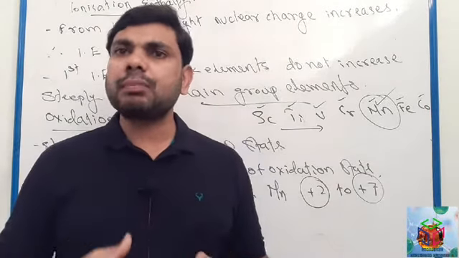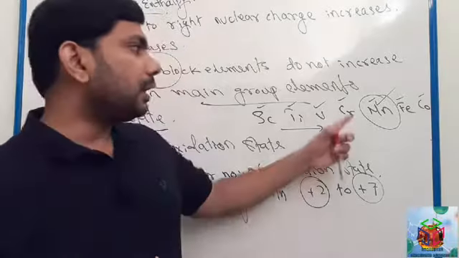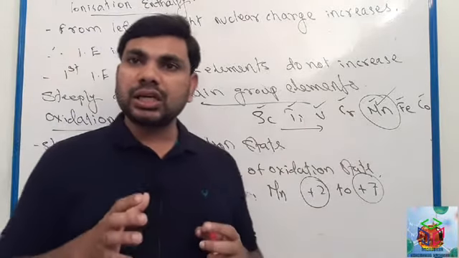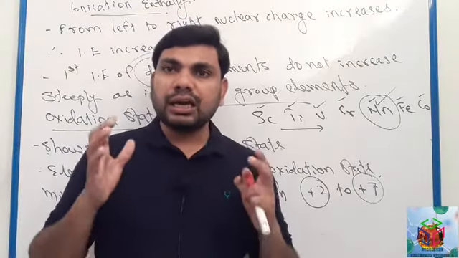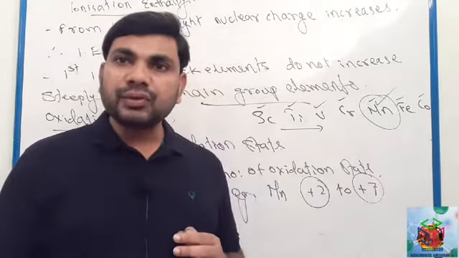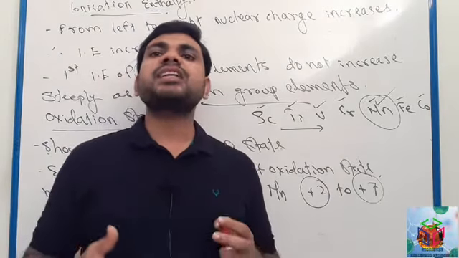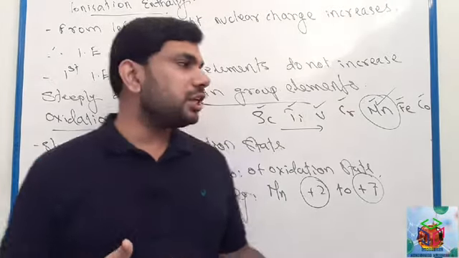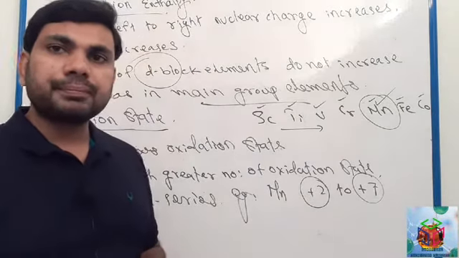So generally, the elements which come in the middle of the d series show the maximum number of oxidation states, here manganese. Clear?